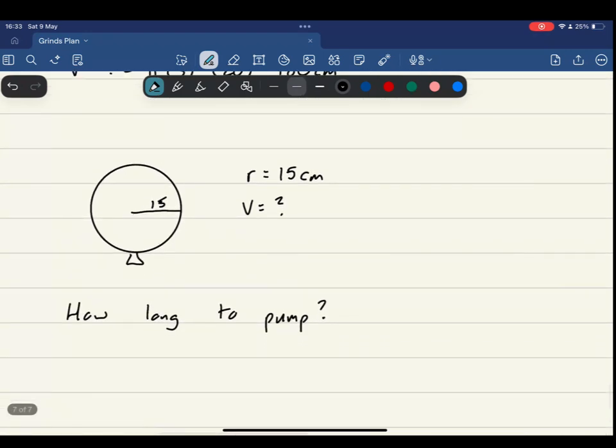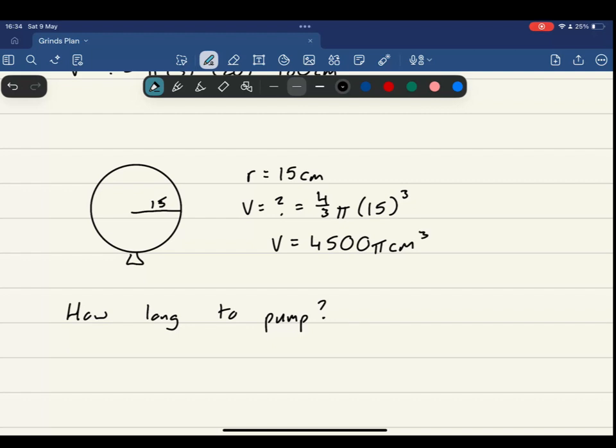Next, we're pumping a balloon and it has a radius of 15. So what is its volume? We know the volume formula is going to be 4 over 3 pi r cubed, and our r is 15, so it's 15 cubed. Gives us a volume of 4,500 pi, and in the question they ask you to leave it in pi.